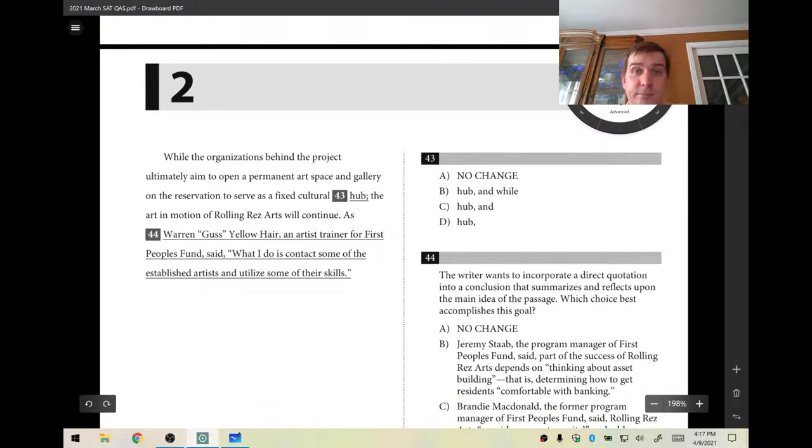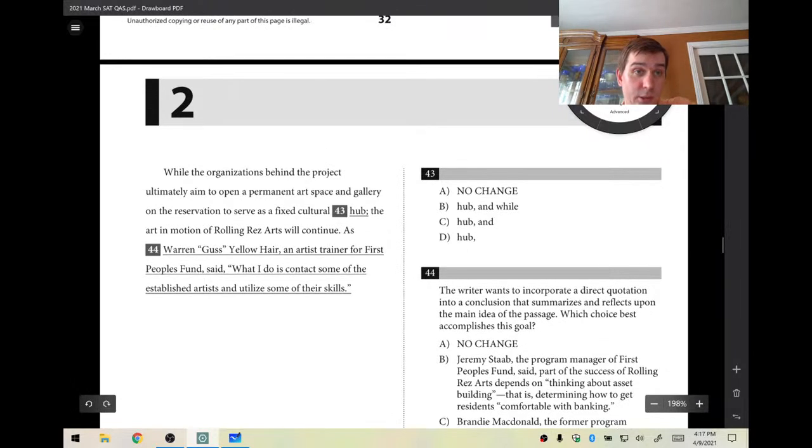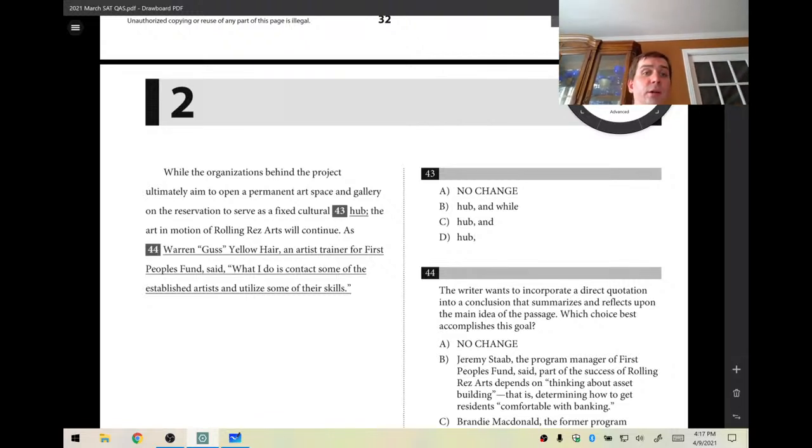Here's a semicolon. I wonder if that's College Board's favorite punctuation. Well, I think I must have seen 20 semicolons today. It's crazy. While the organizations behind the project ultimately aim to open a permanent art space and art gallery on the reservation to serve as a fixed cultural hub, the art in motion of Rolling Res Arts will continue. All right, so can we put a semicolon there? Is what I'm about to read here a sentence? The art in motion of Rolling Res Arts will continue.